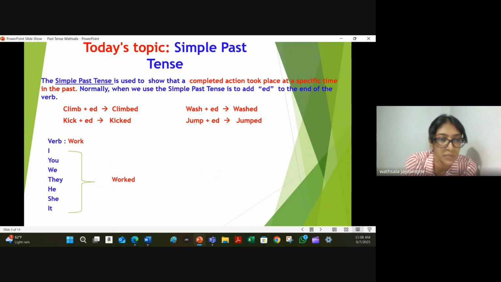Let's see some examples. Climb, when we add ed, it becomes climbed. Kick becomes kicked. Wash becomes washed. Jump becomes jumped.